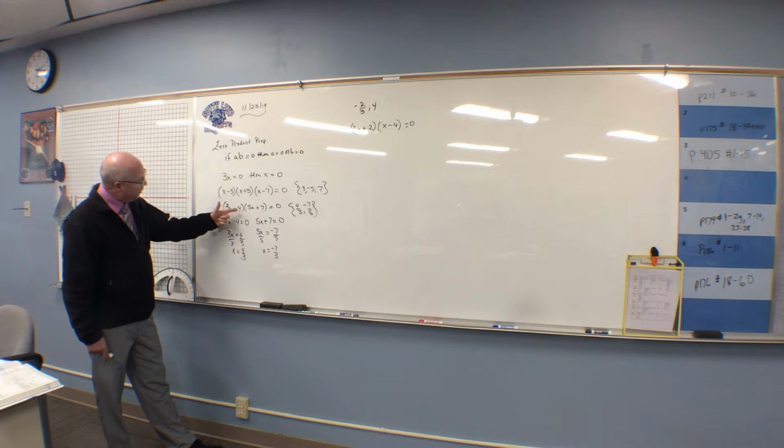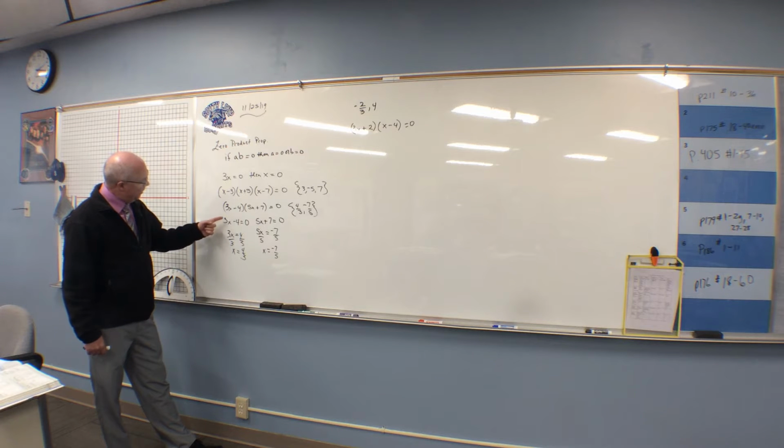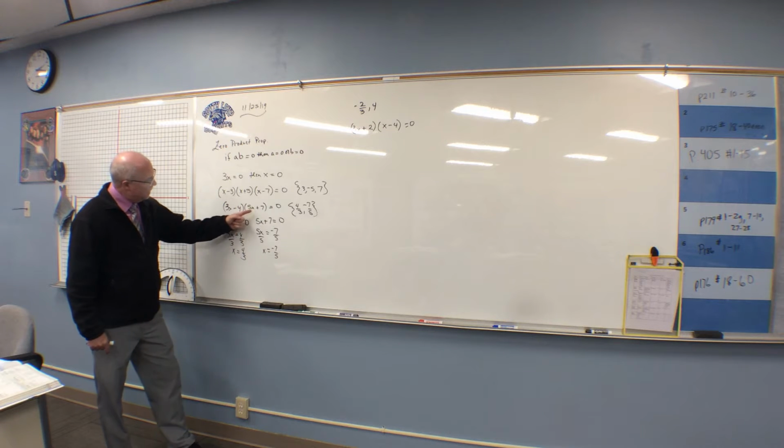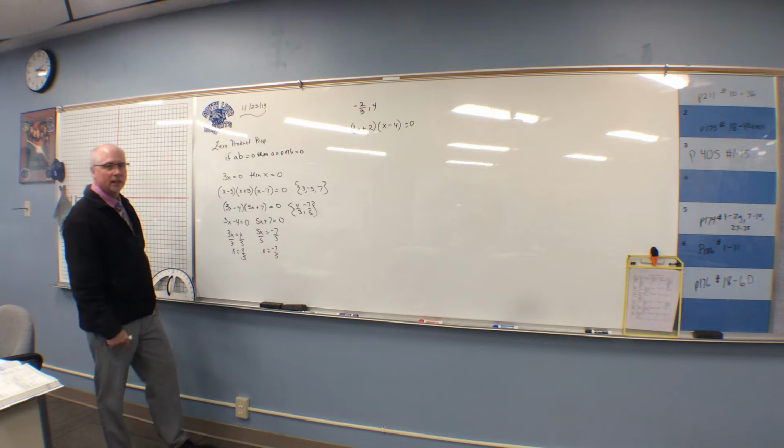If we add a number in front of the x, it makes it a little bit more complicated. And we have to solve for each one, setting it equal to 0. And then solving, we get 4/3 and 7/5.